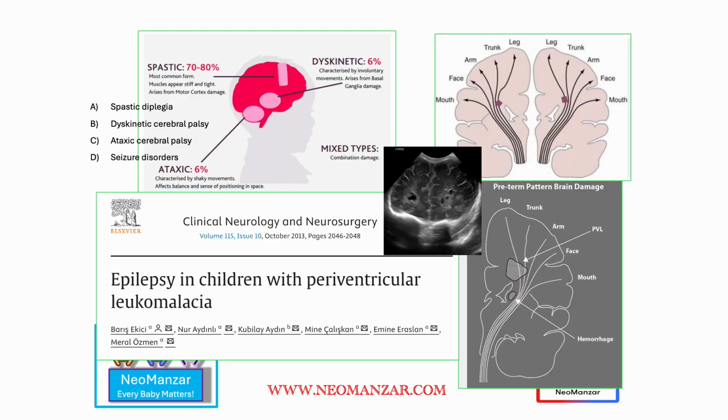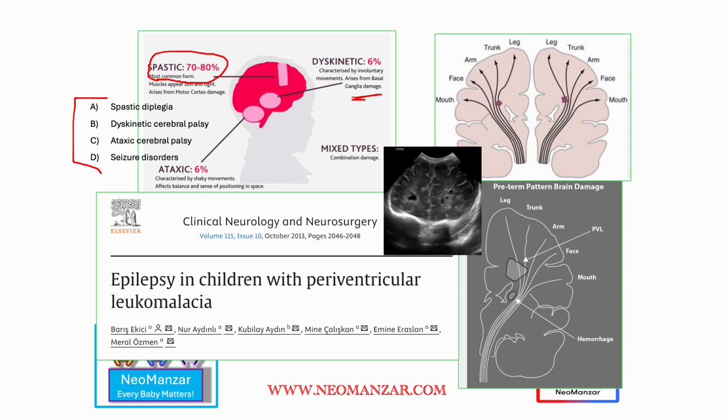So here you go. These are the four choices given, as you guys have seen in the previous slide. Basically, as you see here, spastic type of CP is the most common one. Dyskinetic is usually when the lesion is in the basal ganglia, and ataxic is when it's in the cerebellum. So just remember that.